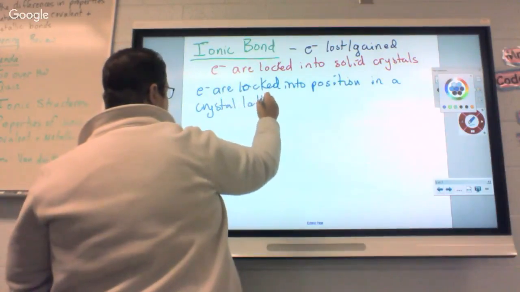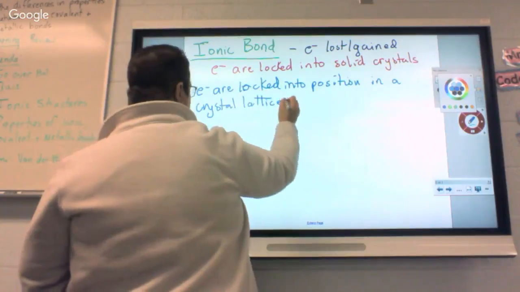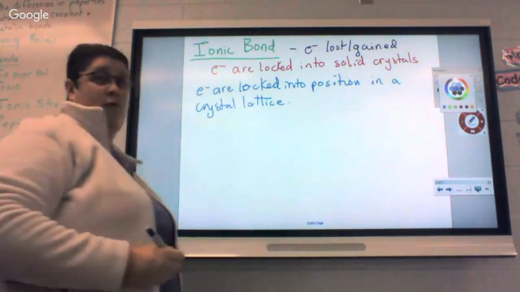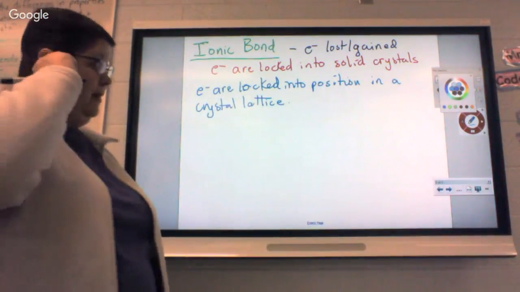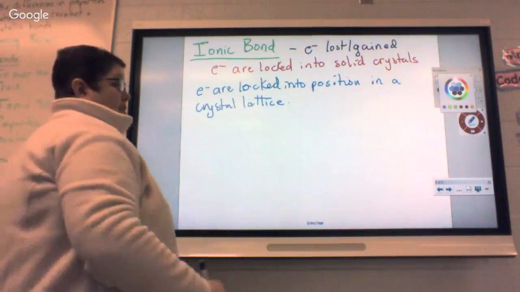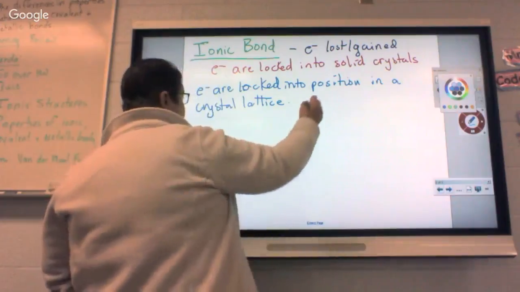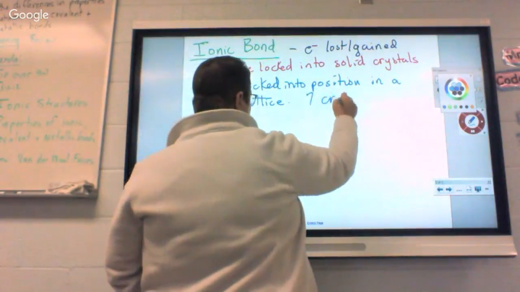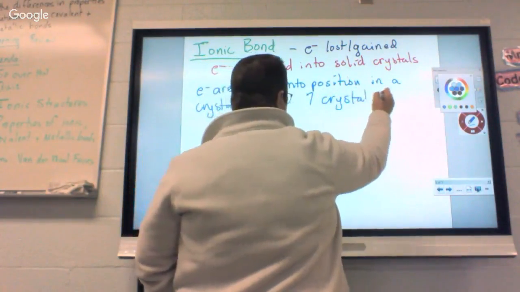lattice. Now, you really have to work with my artistic license here, because you thought my metal looked bad. All right, there are 7 crystal structures.